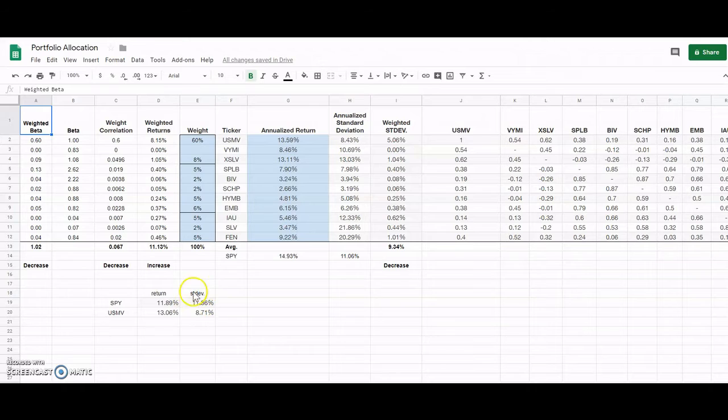This is like volatility. Standard deviation, volatility, you can think of them synonymously. USMV, the average rate of return of the last 15 years was 13.06% with a standard deviation of only 8.71% volatility. That's a lot better.